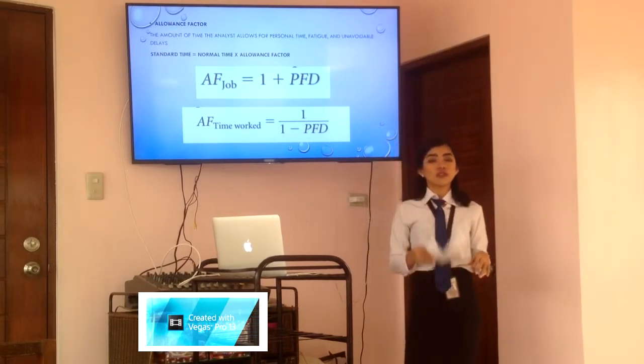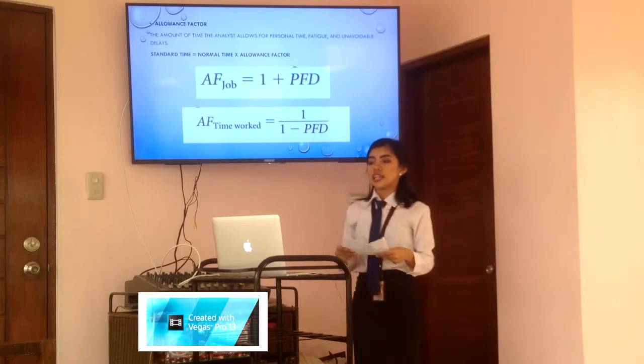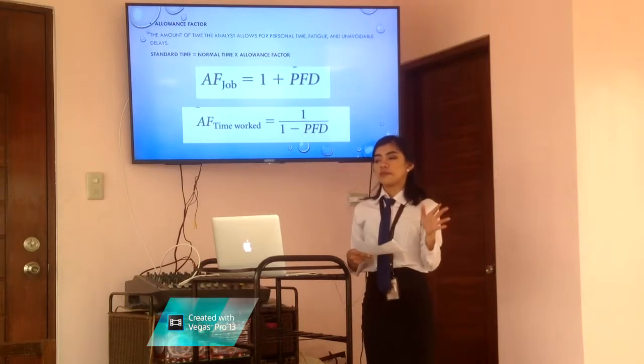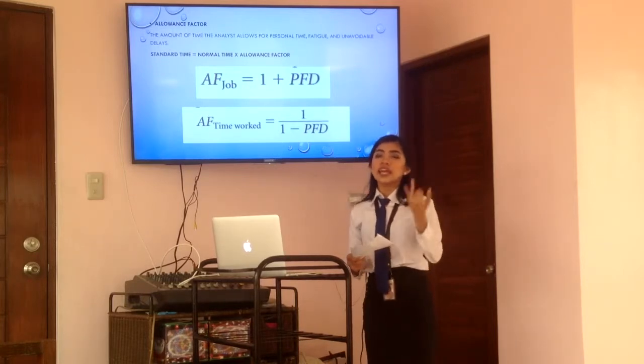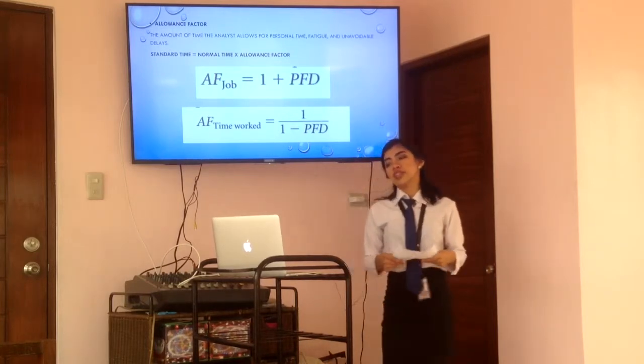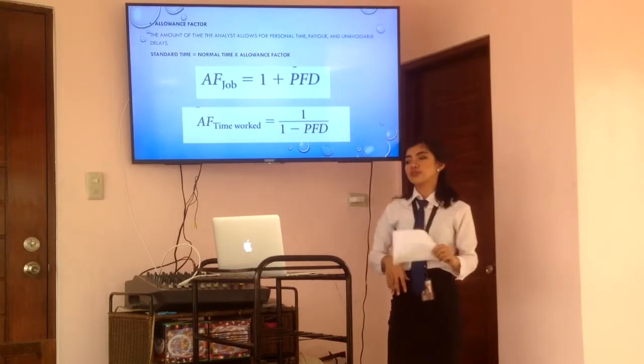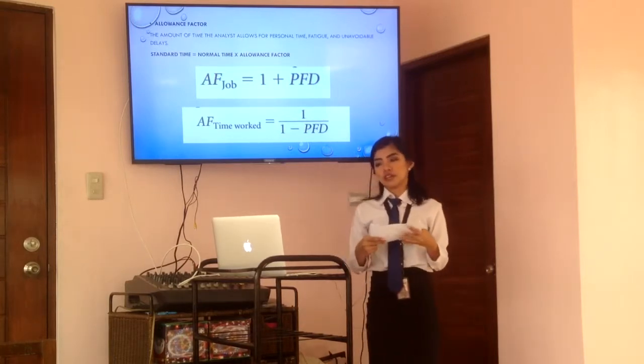We should consider the allowance factor, the amount of time that analysts allow for personal time, fatigue, and unavoidable delays. So standard time is equal to normal time times allowance factor.